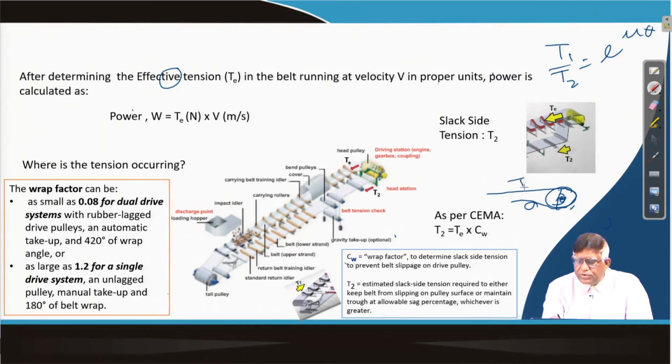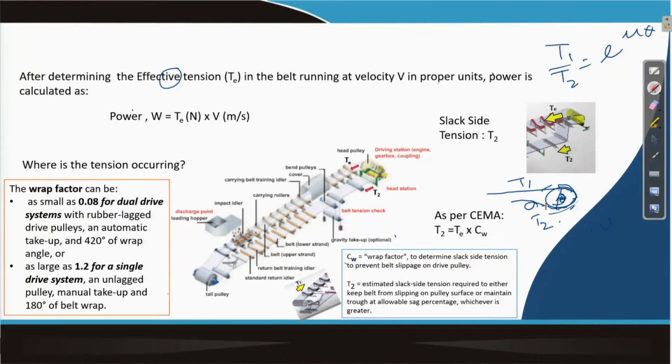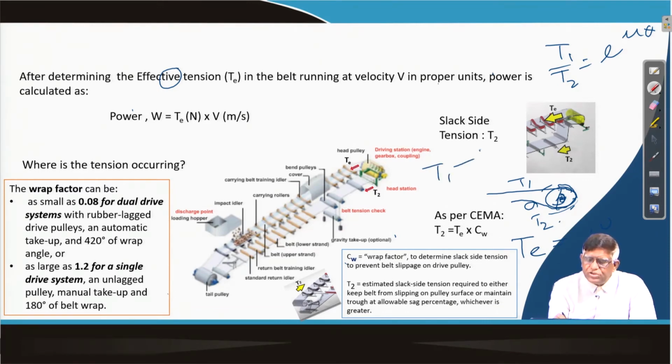So T1 by T2 will be equal to e to the power mu theta, where mu is the coefficient of friction between this rubber belt and the pulley. This is exactly what you use for calculating, and the effective tension T_E is nothing but T1 minus T2.